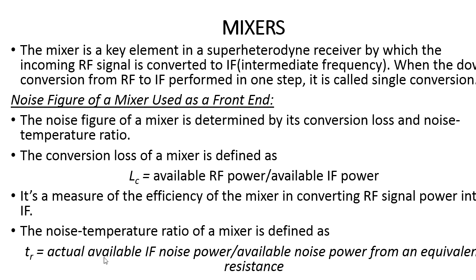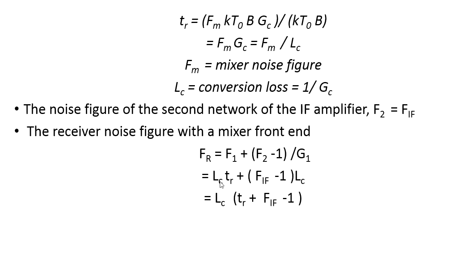If I simplify and substitute the respective parameters, I will represent this as conversion loss into noise temperature ratio, and after simplification the receiver noise figure of the mixer front end is given as LC into TR plus FIF minus 1.